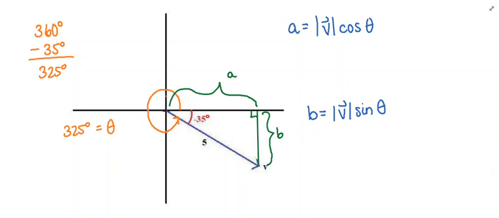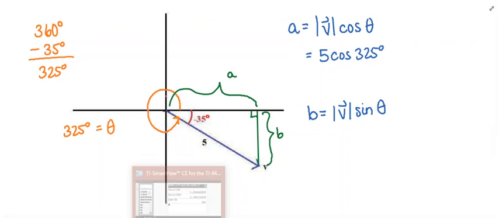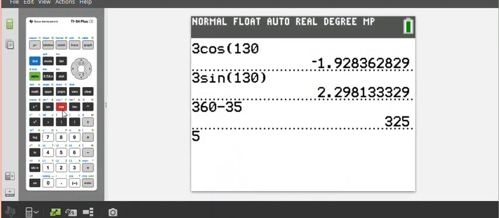So now we can plug in. The horizontal component is going to be the magnitude of 5 times the cosine of 325 degrees. If we go to the calculator, this is going to be 5 times the cosine of 325. We are expecting a positive answer because we are in quadrant 4, so the horizontal piece needs to be positive.